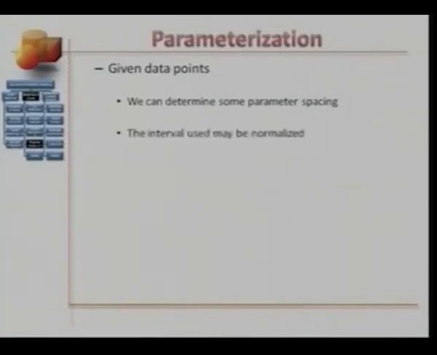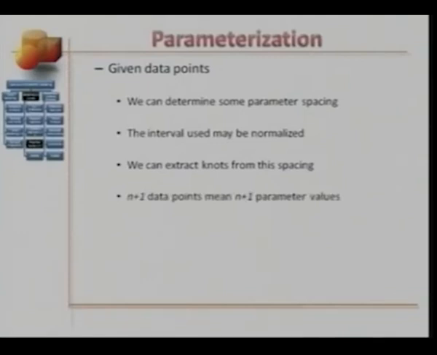Let's talk about some parameterization schemes. Given a few data points, we can determine some parameter spacing. The interval used may be normalized, and maybe we can extract the knots from this spacing.